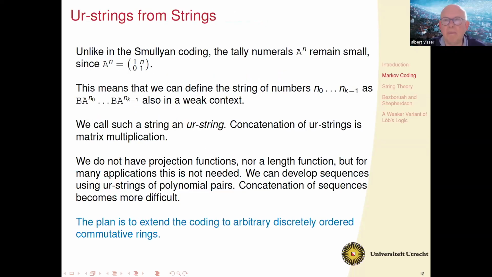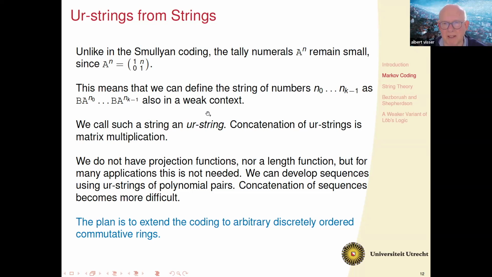Okay, so the crucial remark is really that unlike in the Smullyan coding, the tally numerals, so strings of A's, remain small. And so that means that we can very efficiently code strings of numbers as strings of letters, namely B and then A and 0 times, and so on, B, A, and K minus 1 times, right?